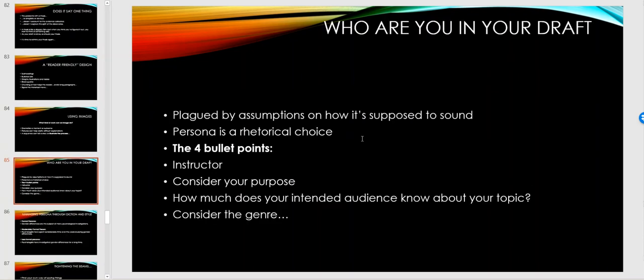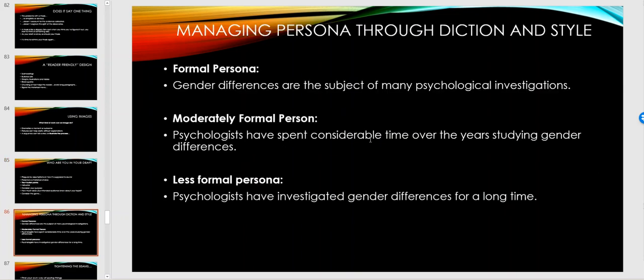The idea here is who are you in your draft? All right. So it's important to consider your purpose. How much does your intended audience know about your topic? And really, the idea here is that we've talked many times about how to present your information as writing across and not up, right? So the idea is that you want this to be conversational.